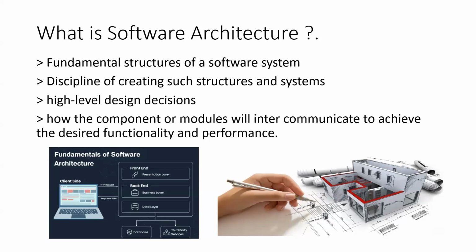Similarly, when you are building software systems, you should mention all the components and how the components interact with each other. Everything should be mentioned clearly in the software design. Only then can we come up with high level design decisions and build the scalable application very easily.